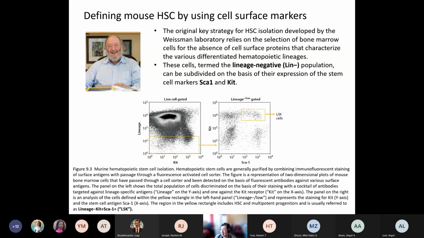Okay, keep that in mind. So when they did this first analysis, basically they just want to see KIT expression and lineage marker expression. So in their plot, it's like that. And now they gate the lineage negative cells or lineage low cells. They just put the cells through an additional analysis. The staining was all done at the very beginning.